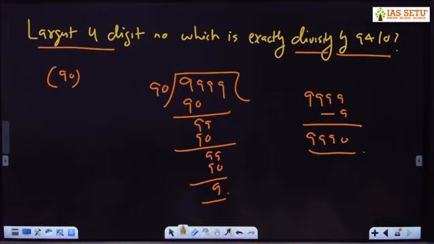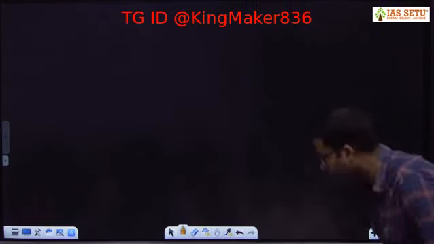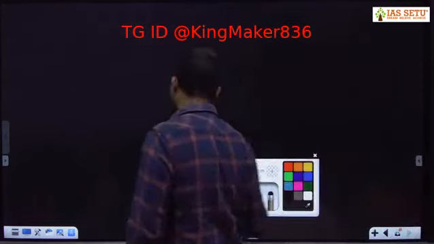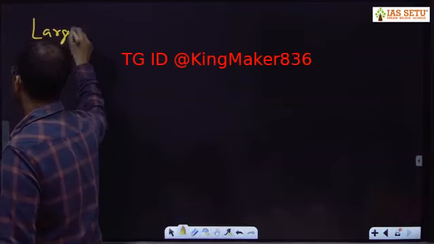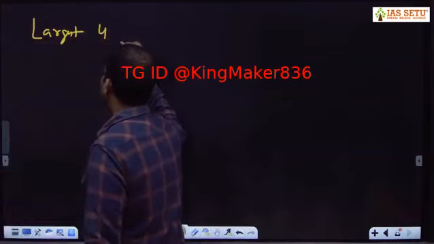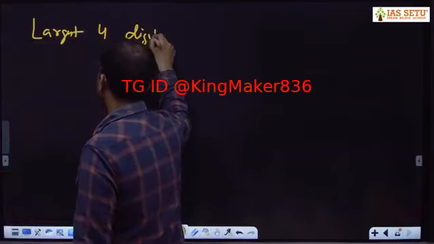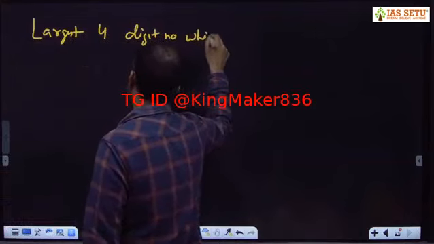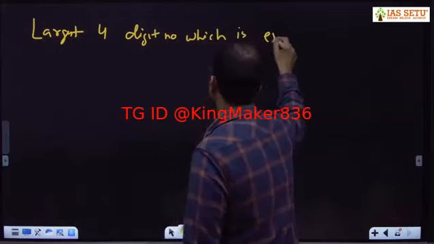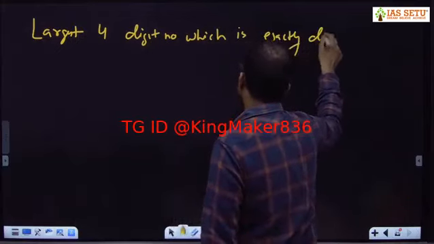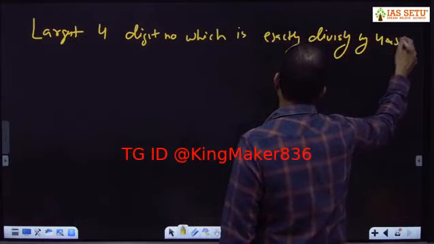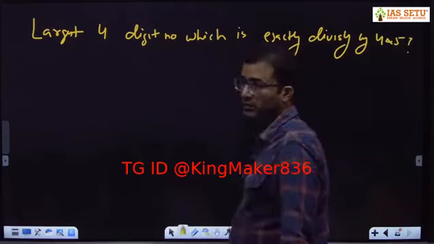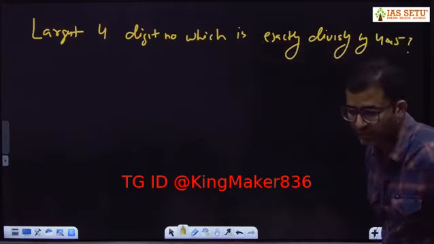Now I ask you two questions. Try one by one and keep the answer with yourself. Largest four-digit number which is exactly divisible by 4 and 5. Take time, keep the answer with yourself.